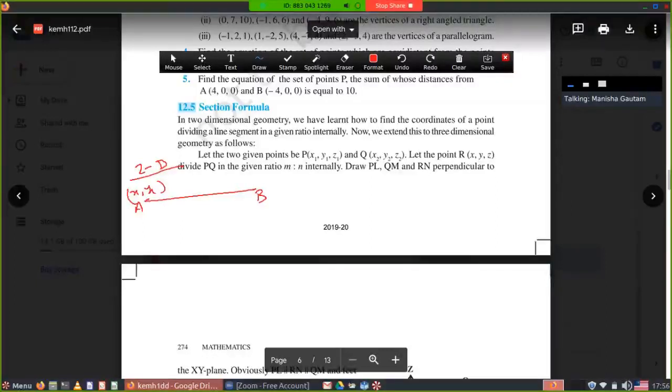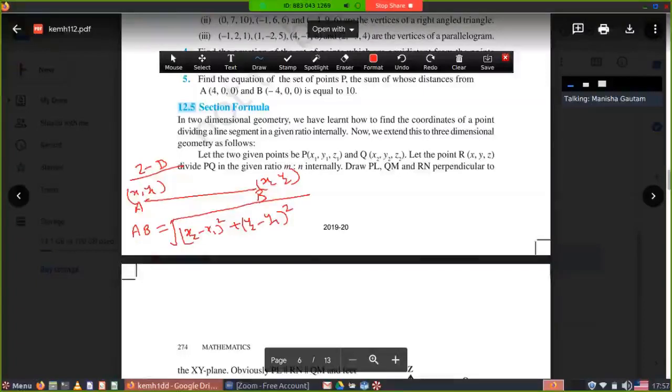If you get the distance from A to B, then that equals the square root of (x2 minus x1) whole square plus (y2 minus y1) whole square.